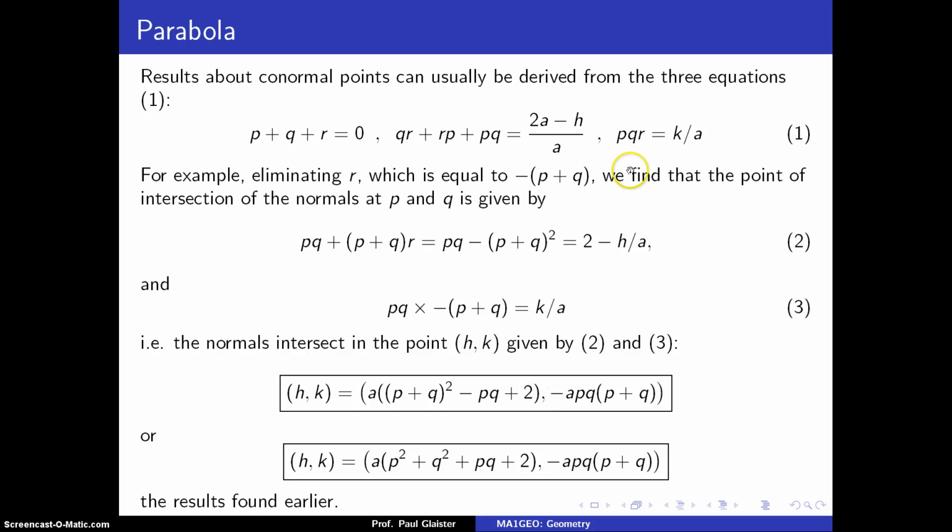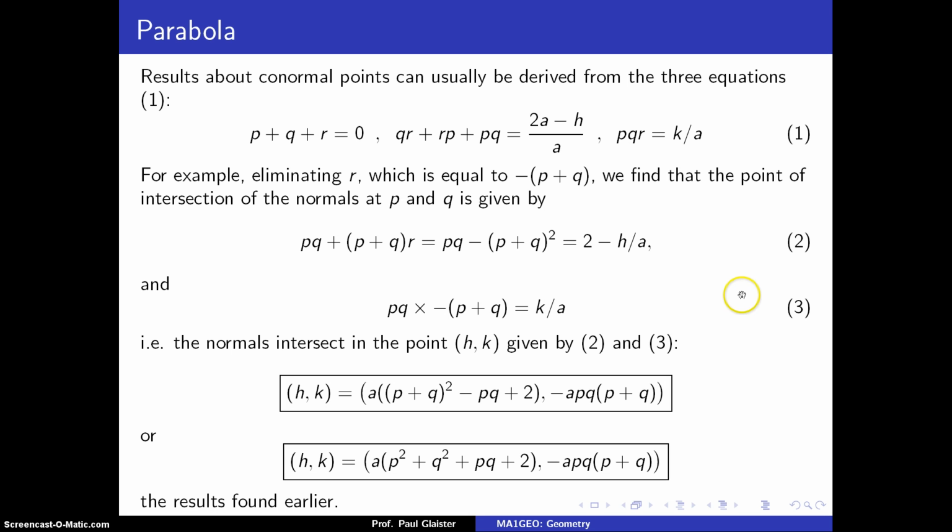Similarly, if we take this expression here and we replace r by minus (p plus q), then we get k. So by substituting for r from the first equation into these two and rearranging, we get an explicit formula for (h, k). But of course (h, k) are the coordinates of the point of intersection of the three normals.